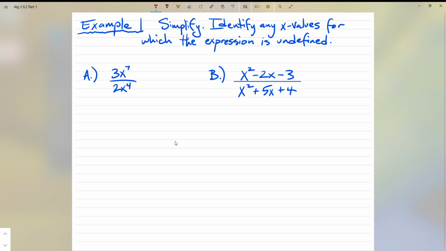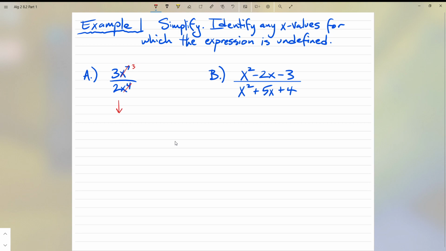The way that I think about it is that I can take away 4 x's on top and bottom. If I take away 4 of them from the top, I'll be left with 3. And then the 3 and the 2, the regular numbers, don't have any common multipliers that can reduce out. So this one would be simplified down by just taking out those x's.